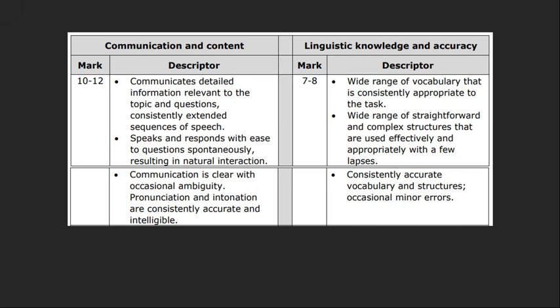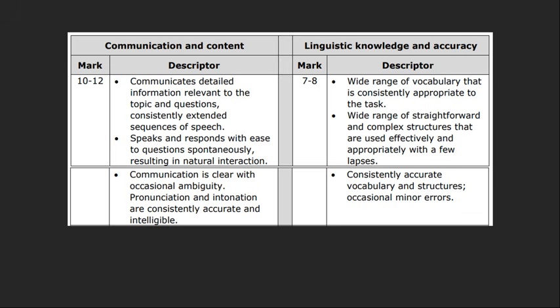Right, and if we have a look at the descriptors for communication and content, the moderators, or the person who's giving you the mark, will listen to your recording, and then they'll decide which band you go in, and then they'll decide if you're top, middle, or bottom of that band. So that's where they get your mark from.